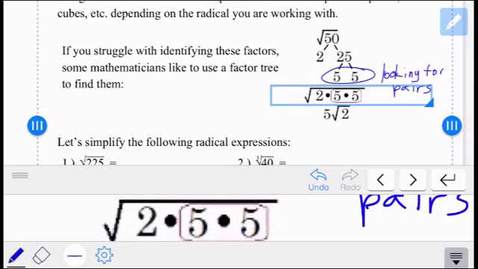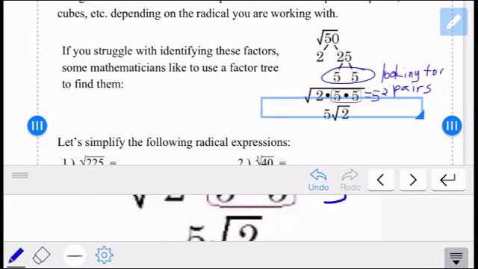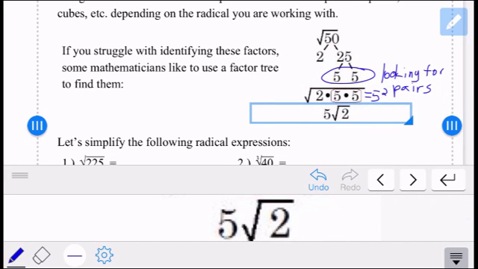So basically what that means is we're doing the product of 2, 5, and 5. Well, that guy there, that's 5 squared. And then if we take the square root of that, well, that should just be 5. So you can pull the 5 outside of the radical, and then the 2 is left inside because there's no other partner with 2 for it to come outside of the radical.